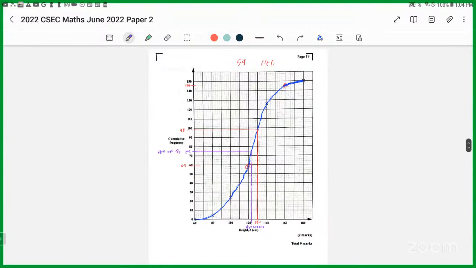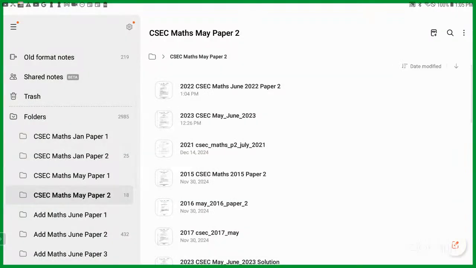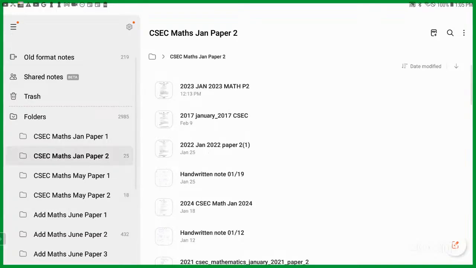All right, so we're going on to January 2022. I don't think we did January 2020. This must be about the third question. January 2022.